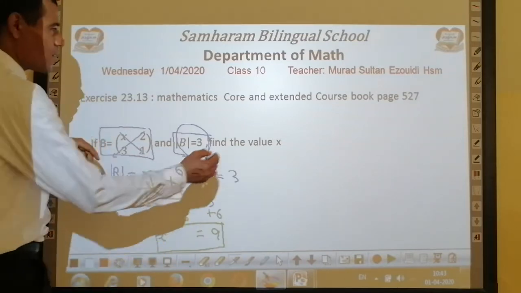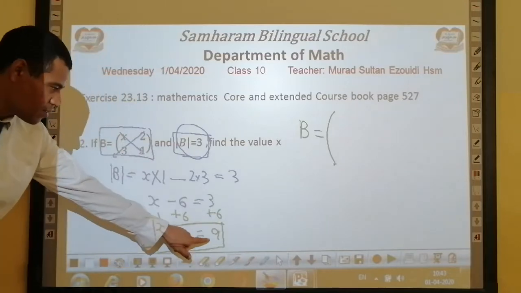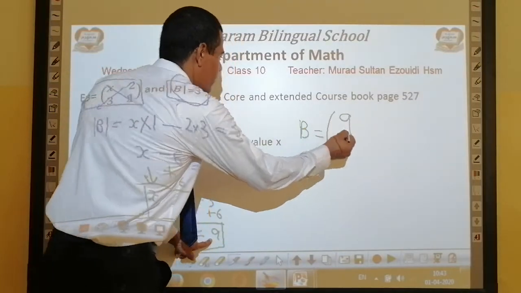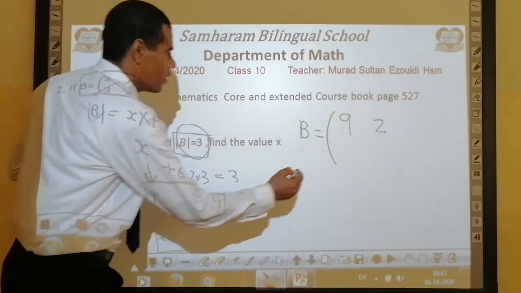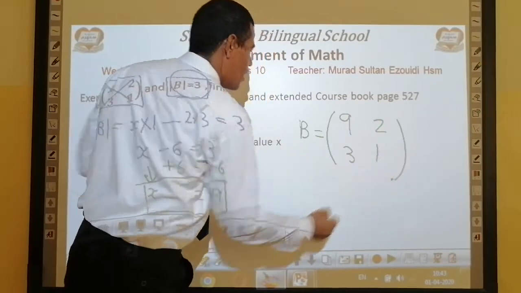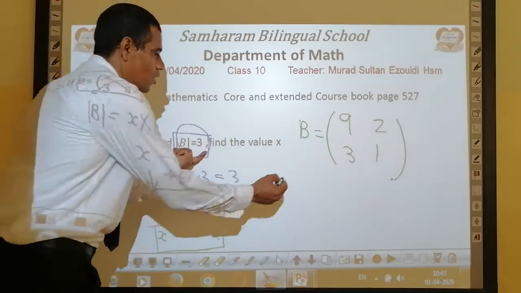If you want to check, this is B, isn't it? What is the value of x? 9. I will write it here. Then here we have 2, then here we have 3, 1. I will try to calculate the determinant of B and check if it is equal to 3 or not. Okay?